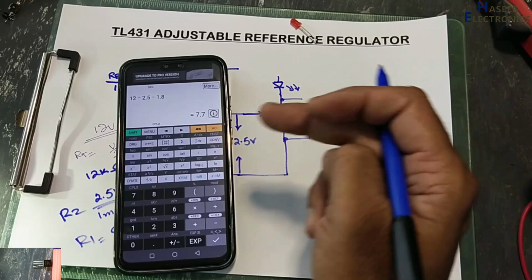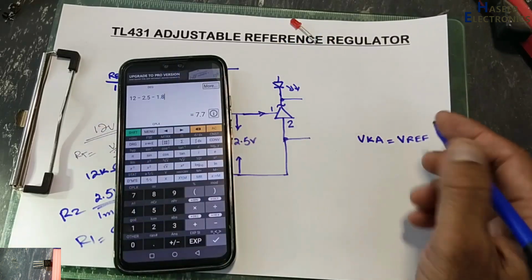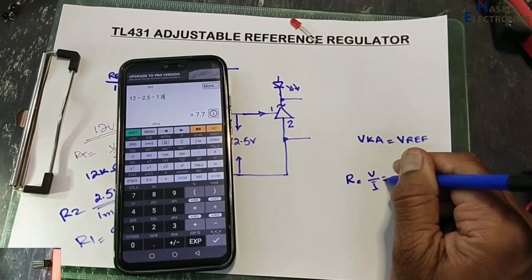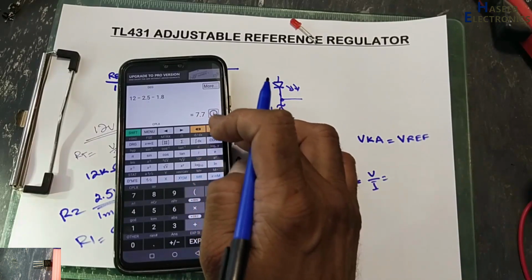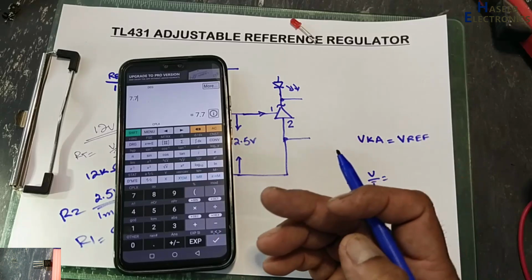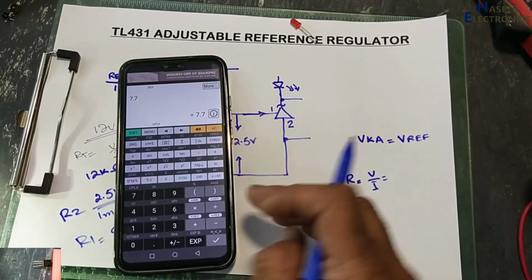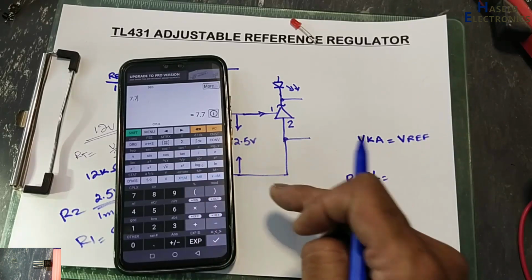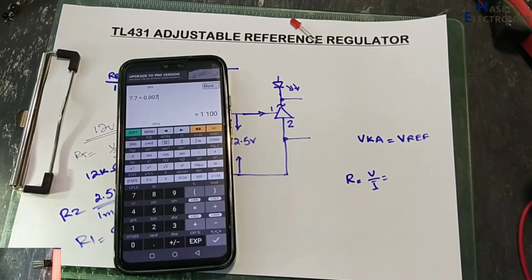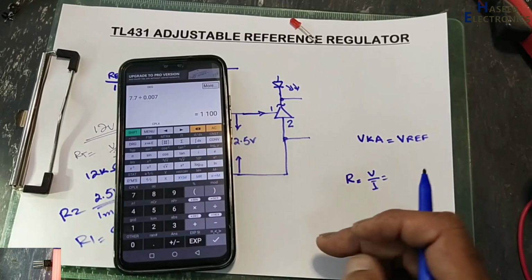We need a resistor to drop this voltage. Our current limit, V over I: 7.7. Let's suppose I want to turn on this component at 7 milliampere. 7.7 divided by 0.007 is 1100 ohms.